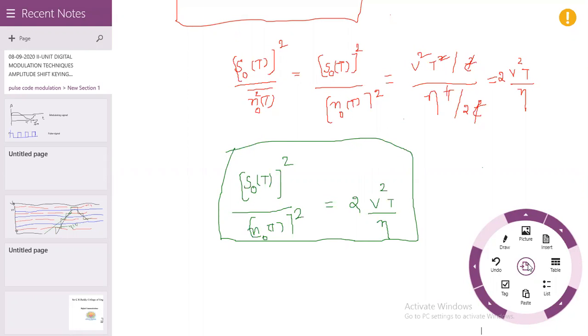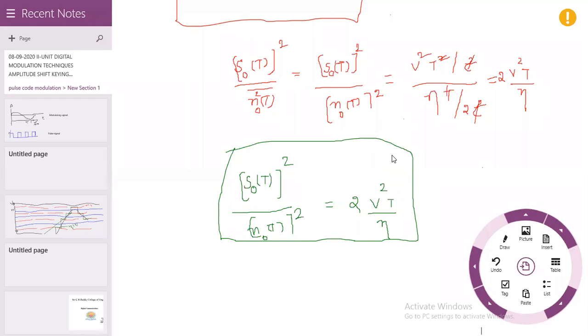The voltage signal at the output of the integrator is S naught of t equal to Vt by tau. Squaring it gives V square t square by tau square. Then the noise signal, the Gaussian noise signal with power spectral density eta by 2, is integrated by an integrator with time constant RC.